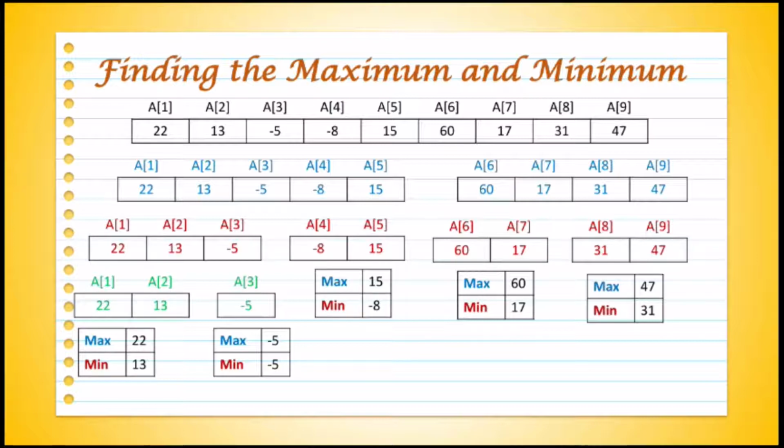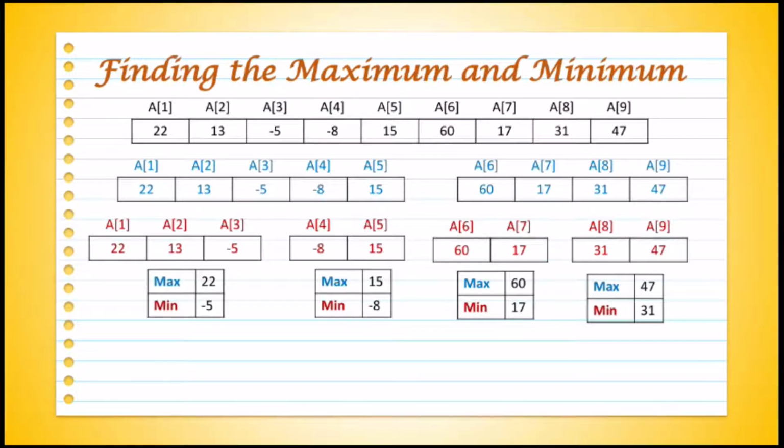Between 22 and -5, 22 is the maximum value, and for the minimum, from 13 and -5, -5 is the minimum value. Now we will combine these two solutions into a single solution. So from the first three elements, that is 22, 13 and -5, 22 is the maximum value and -5 is the minimum value.